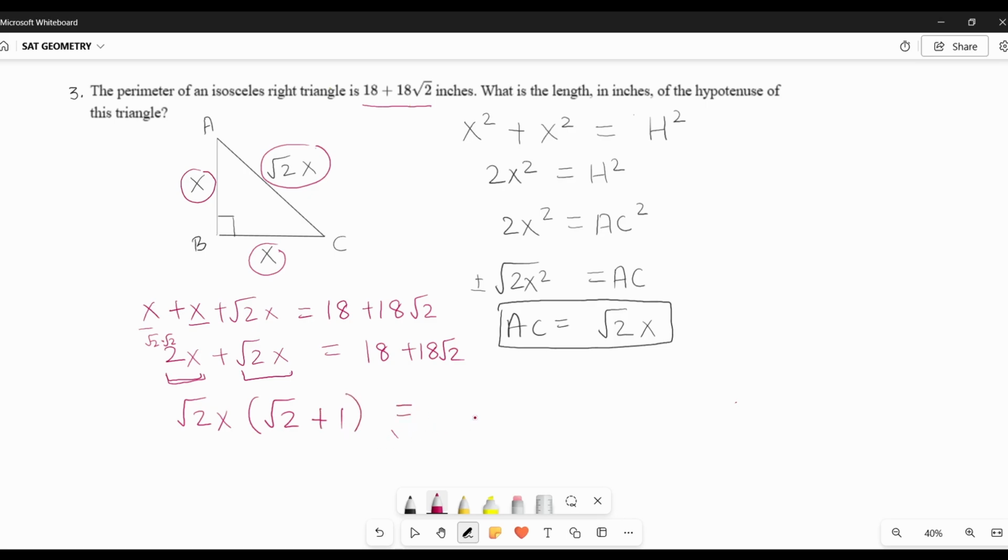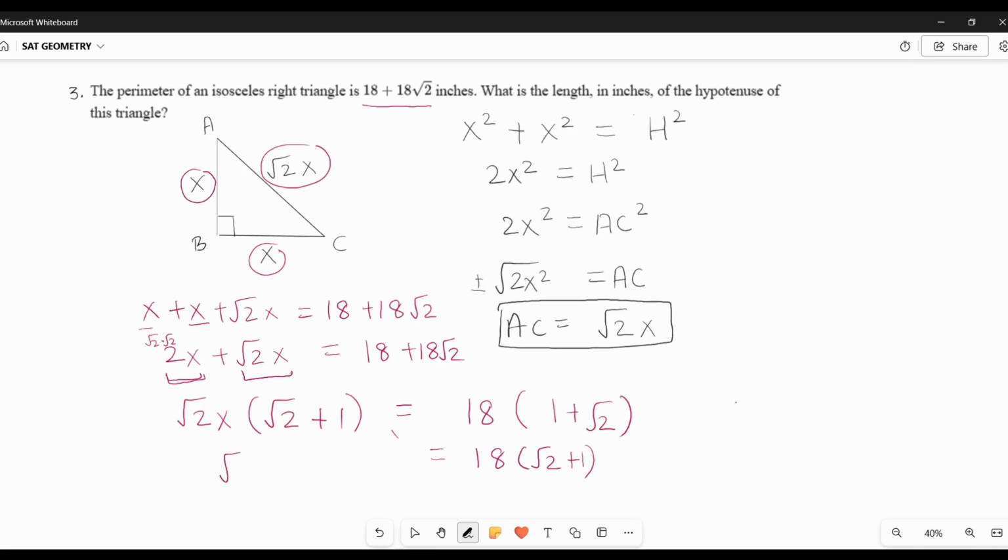And here on the right hand side also, we have 18 common in both the terms, so we'll take that outside, and then I'll have 1 plus root 2 here as well. And I can rearrange the terms and write it as 18 times root 2 plus 1.